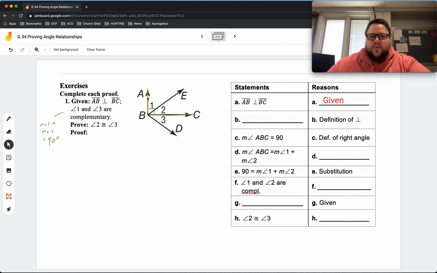So it's what I already wrote out here: angle ABC is 90 degrees. How do we know? Because it's a right angle. So our statement here is going to say angle ABC is a right angle, and I'll put this symbol. And then we're going to make that just a little bit smaller.